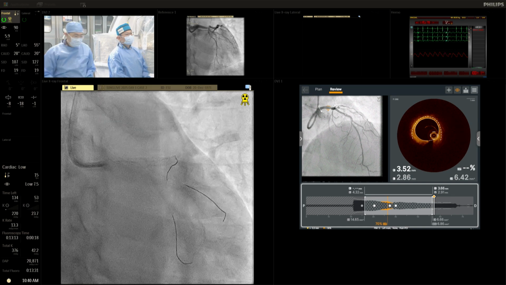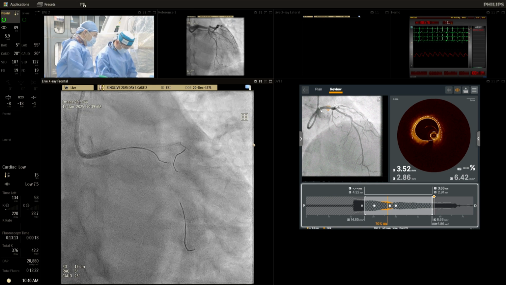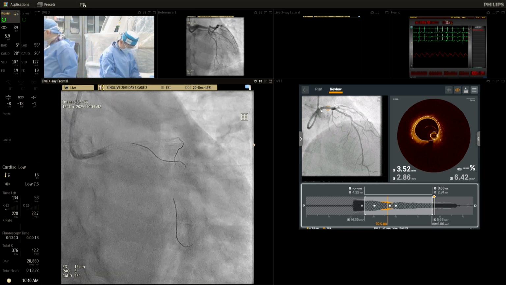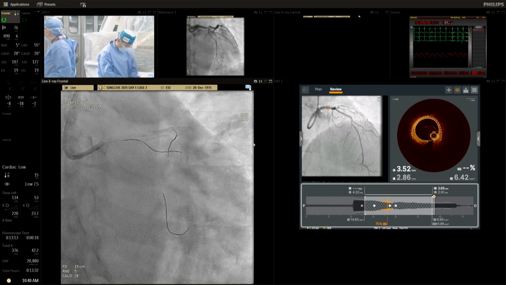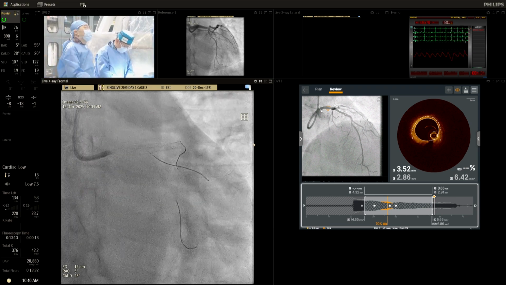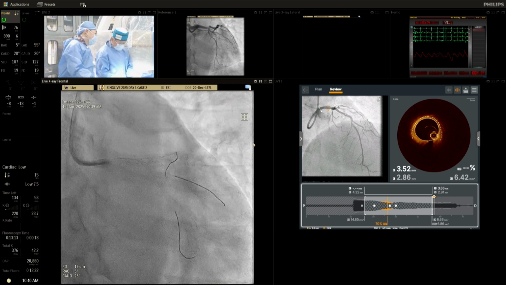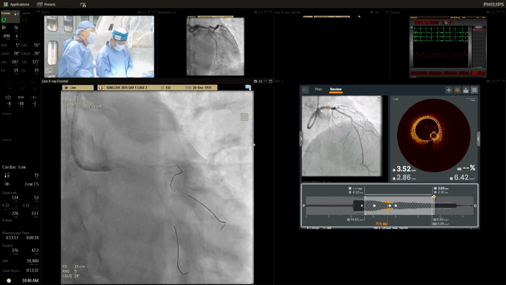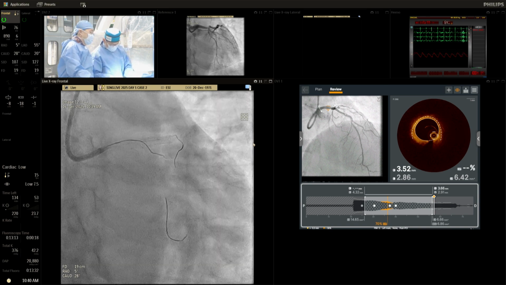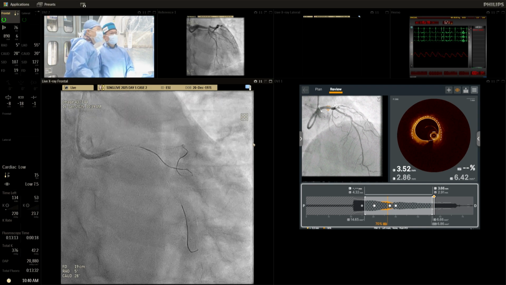2.0 balloon. We don't have to. The 2.5 and 4.0. We already have a 2.5.